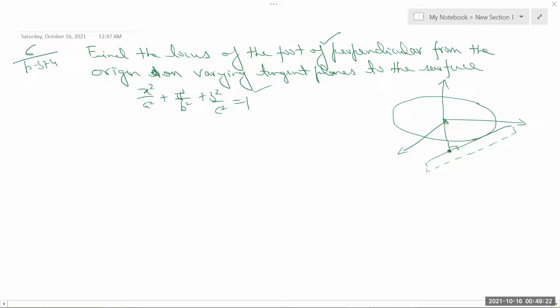So basically, I need to compute the locus of this M. Suppose this is the foot of perpendicular M. Then from this origin I draw the foot of perpendicular, and I need the locus of these points. So for that, I need to write.